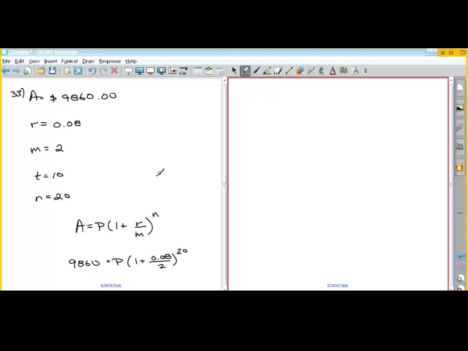So we can do that calculation in the parentheses, and I get 9,860 is equal to 2.1911 P. So P is equal to 9,860 divided by 2.1911, and I get $4,500.